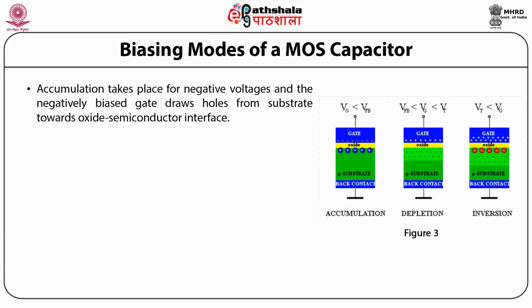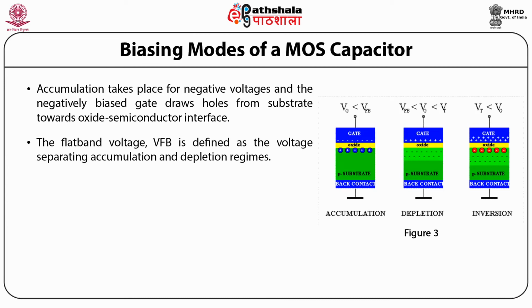Positively biased gate repels holes into the substrate, thus depleting the interface of mobile charge carriers, and a negative charge due to ionized acceptor ions develops in the space charge region. The flat band voltage VFB is defined as the voltage which is separating accumulation and depletion regions.